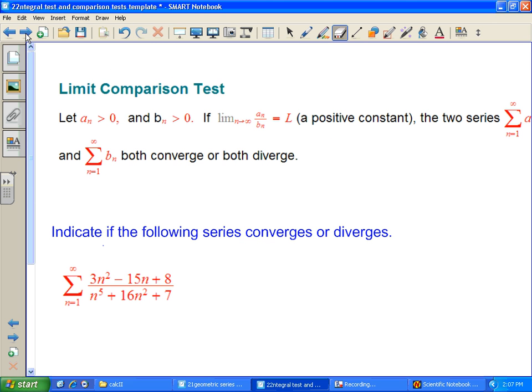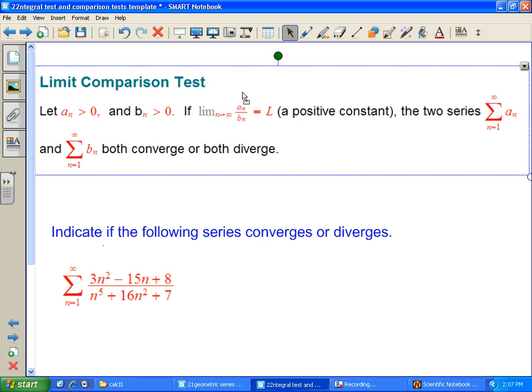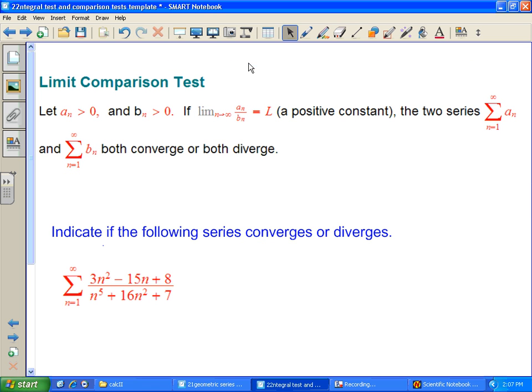This is called limit comparison test. Right on the same page in your handout near the bottom, limit comparison test. And here is what it says. If you're trying to determine if a series converges, find another series and take the ratio of them.